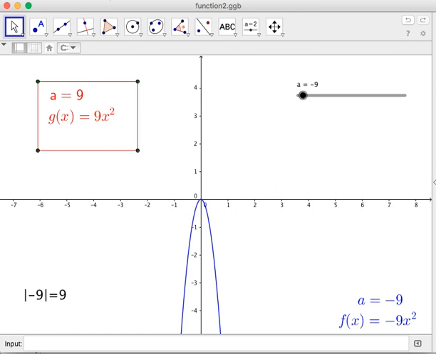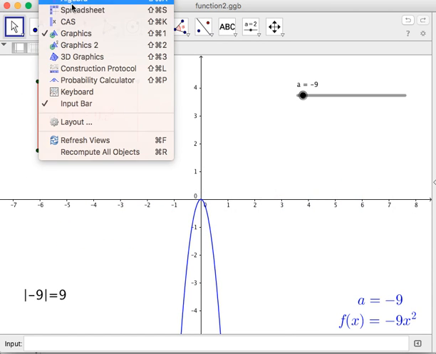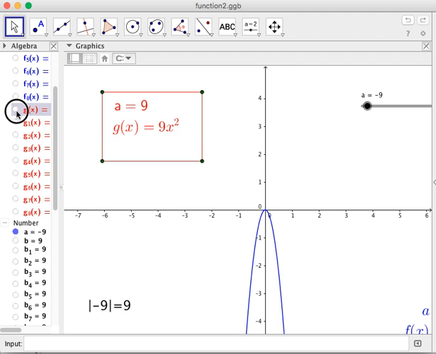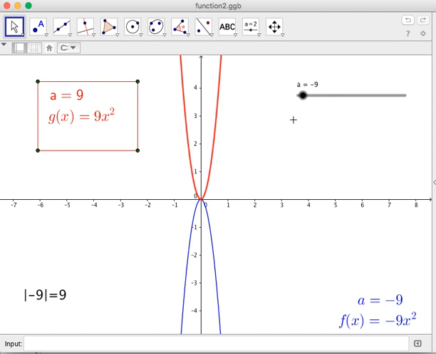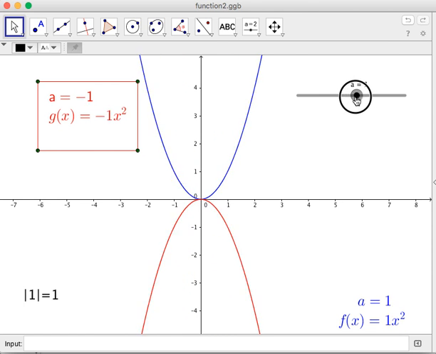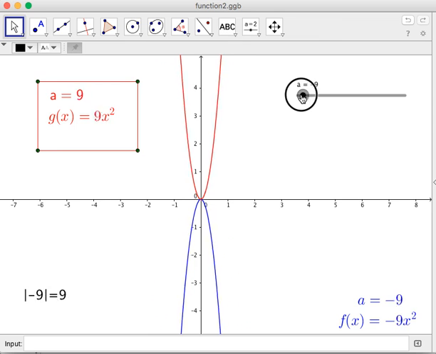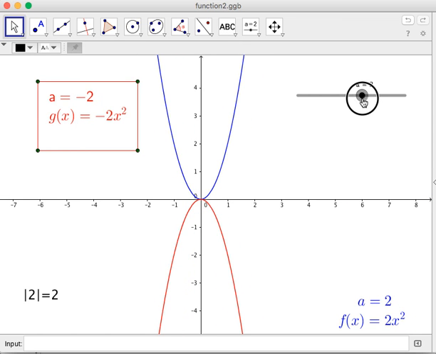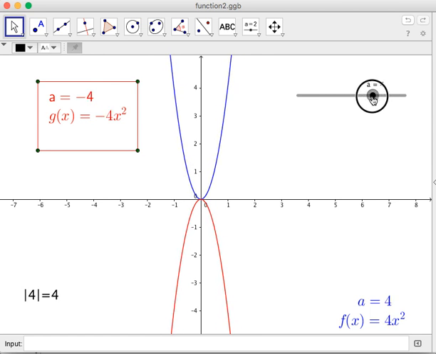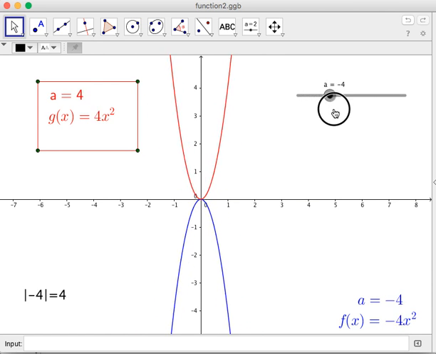Okay, so tignan natin kung ano ba yung graph ng g of x. Baliktad siya, no? Kabaliktaran siya. Lagi siyang nasa opposite, pero magkadikit sila dun sa origin, di ba? Ang isa pang interesting dito is that, kung mapapansin nyo, pareho yung shape niya.